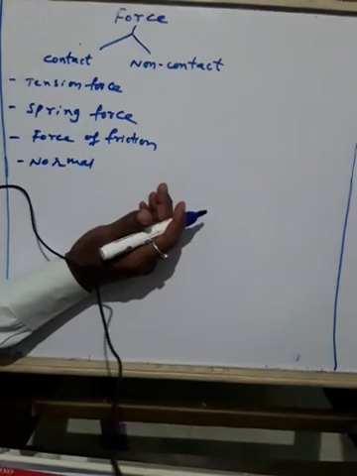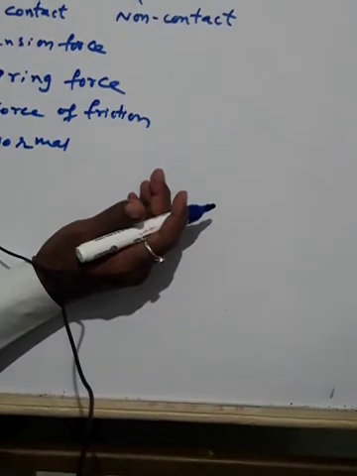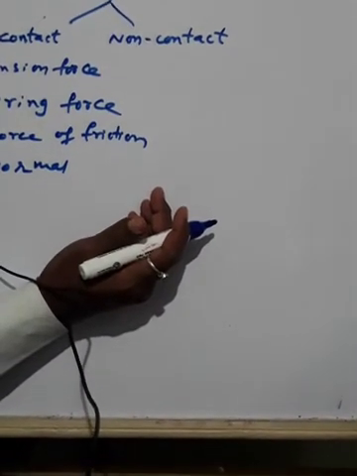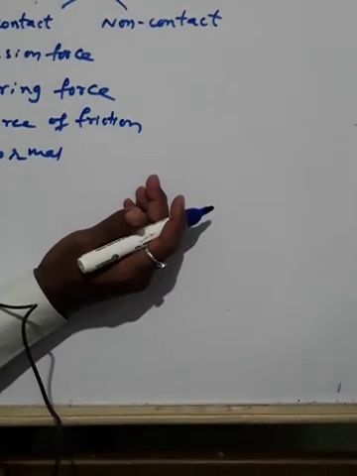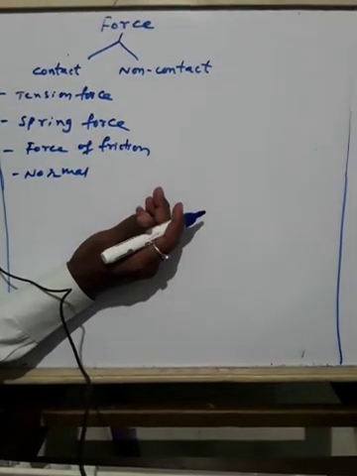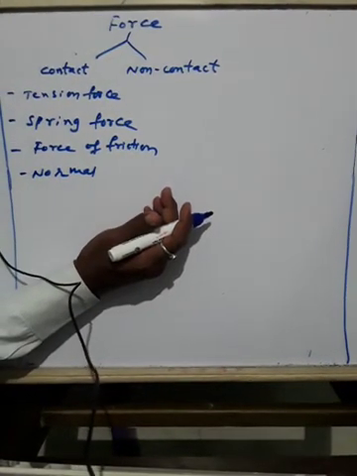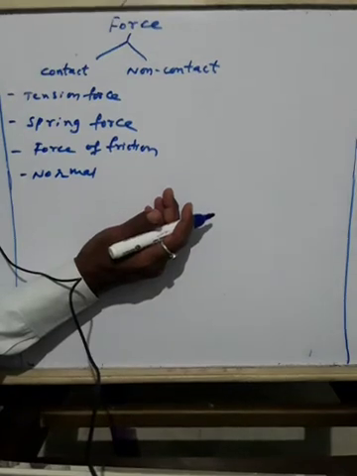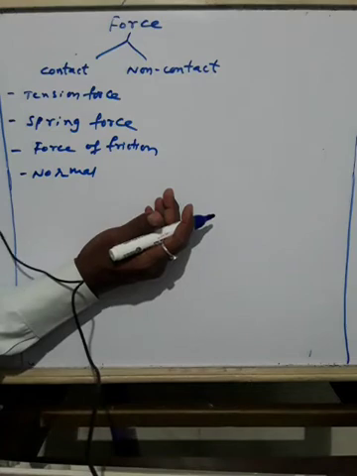Tension force is the force that acts on a string when an object is hung from a string. In the textbook it is given, there is a crane and that crane is lifting the car, and it is held by a string. So an example is the tension in the steel cables of a crane when a car is being lifted by it.